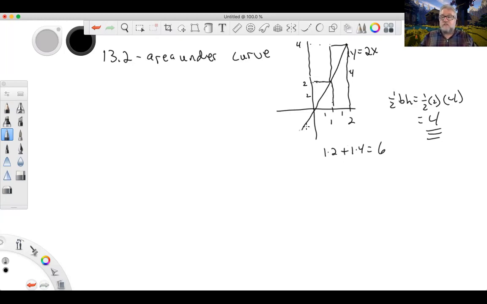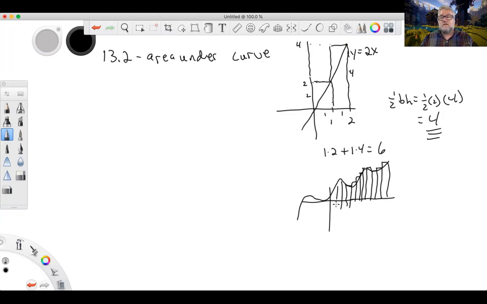If I have a really fancy function, like this, and I want to find the area underneath here, now I could construct a whole bunch of rectangles and add up the area of those rectangles, and it gives me an approximation of the area underneath it, right?